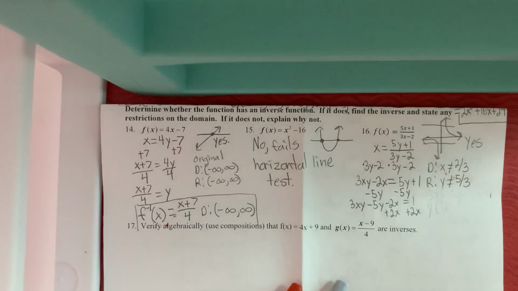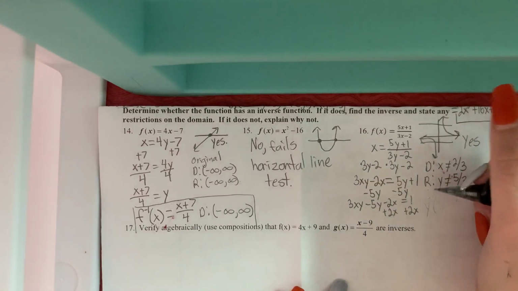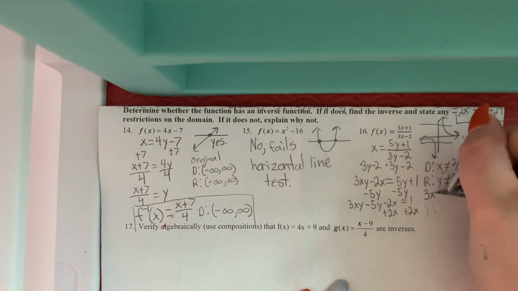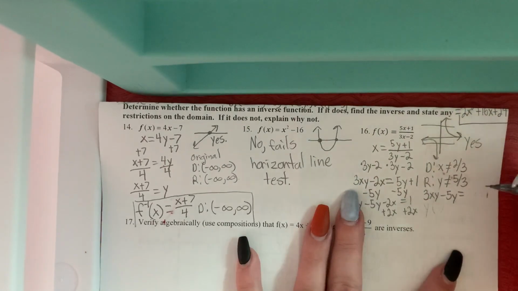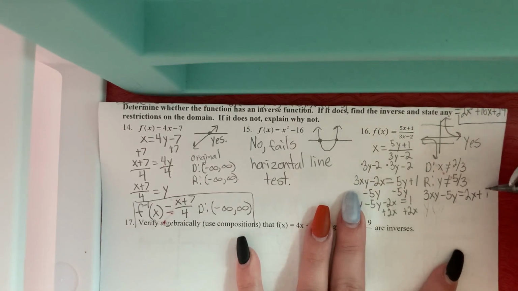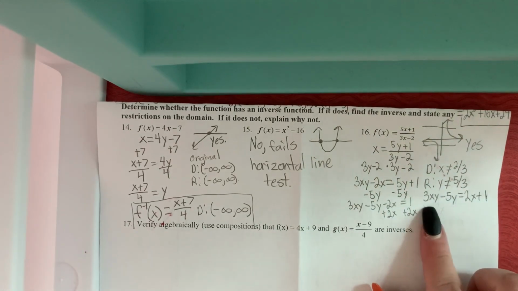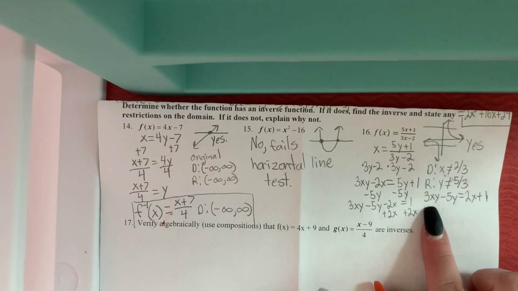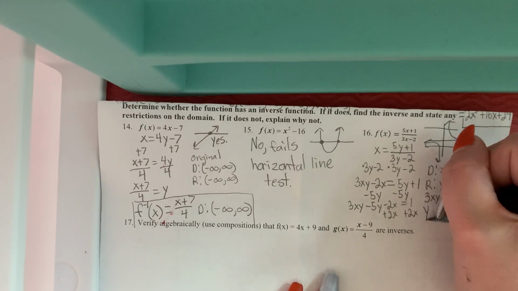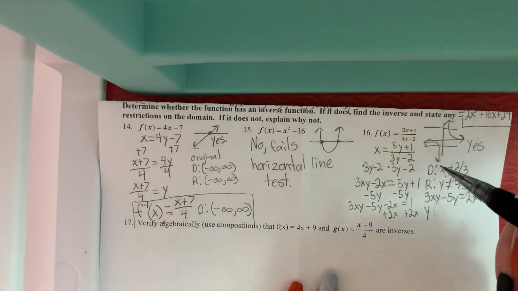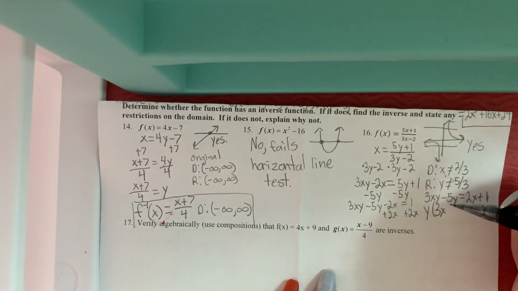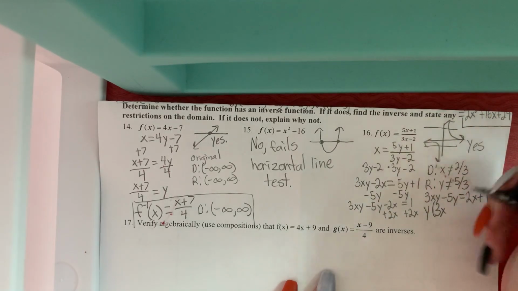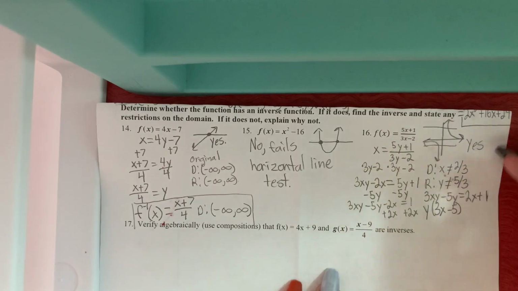So that should give me 3xy minus 5y equals 2x plus 1. Now hopefully we see that the y's are collected on the same side, and because of that I can factor out a y from both of those. So 3xy divided by y would leave us with 3x, and this negative 5y divided by y would leave us with minus 5.